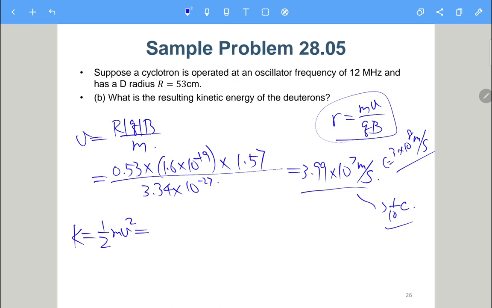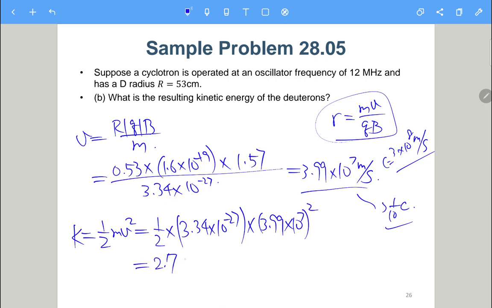Okay, so this is half times 3.34 times 10 to the minus 27, times 3.99 times 10 to the 7th power, squared. So this is 2.7 times 10 to the minus 12 joules, or you can represent it as 17 MeV by dividing this number by e.